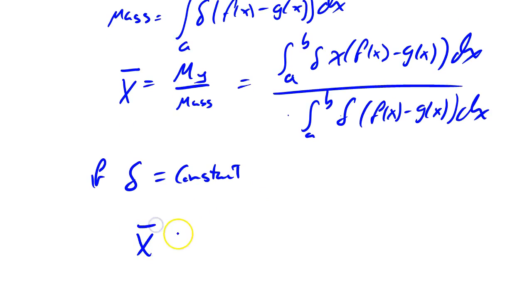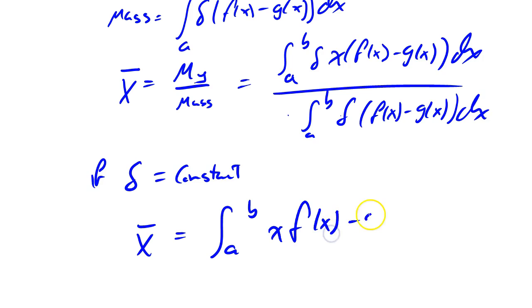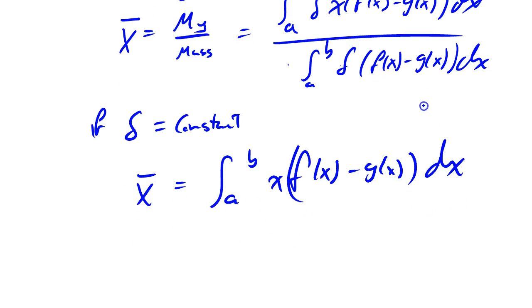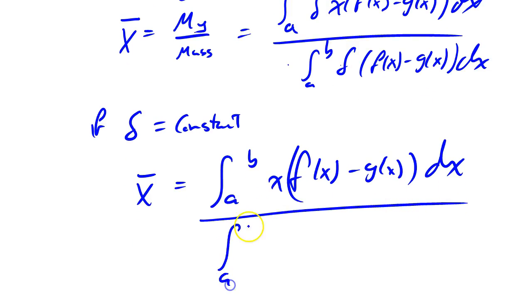X bar is just the integral from a to b of x times f of x minus g of x, that parentheses, dx, divided by the area, the integral from a to b of f of x minus g of x dx. Okay. If the density is constant, which in many of the examples it is. To me this is the geometric version of it, what I would call the centroid.